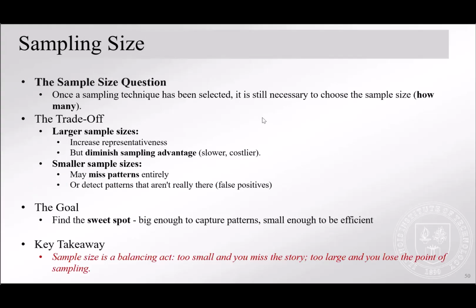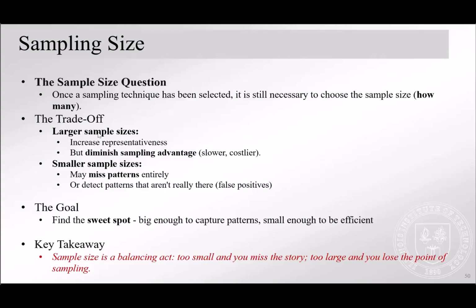So once you have picked your technique, how many do you actually sample? The next question is what the sample size is going to be. Straight up, large samples are more representative. They capture the data picture, but they also diminish the sampling advantage.